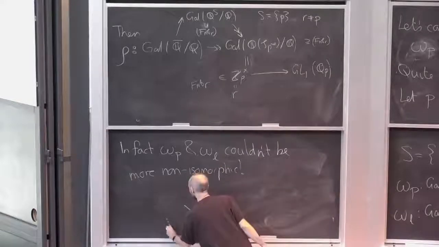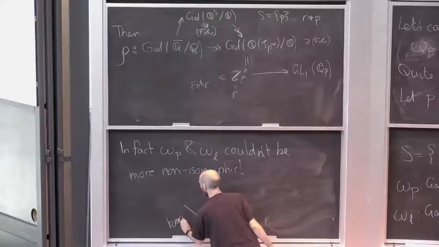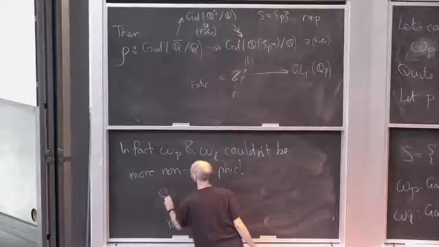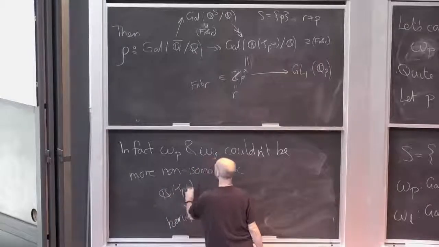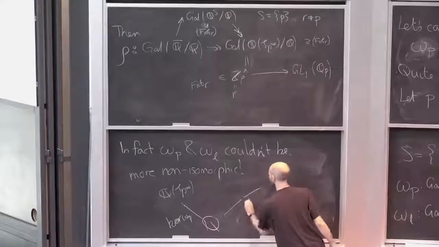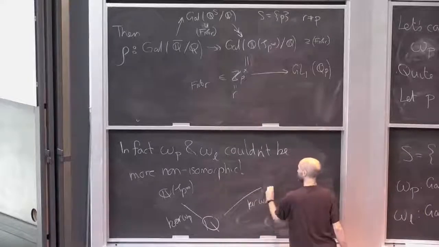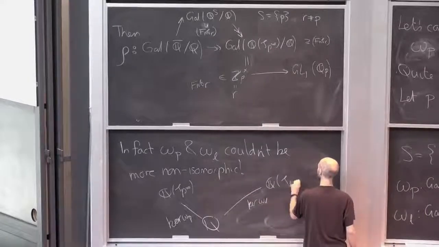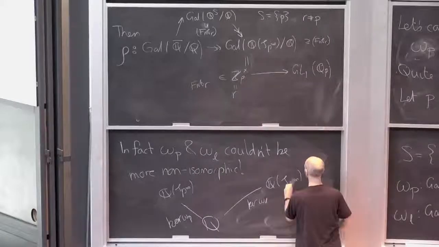So this is the kernel. The kernel of omega_p is Q(zeta_{p^infinity}), unramified away from p, totally ramified at p. And here's the kernel of omega_L. This is Q(zeta_{L^infinity}), right?